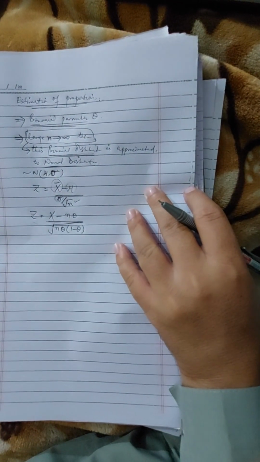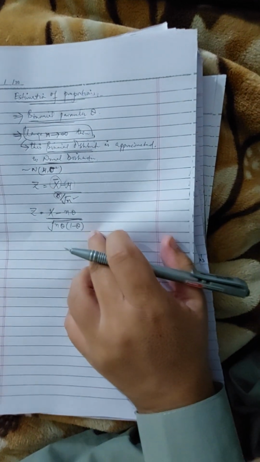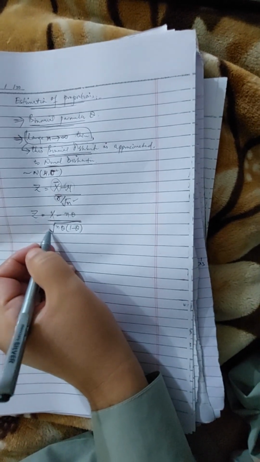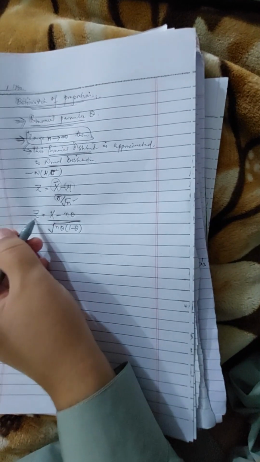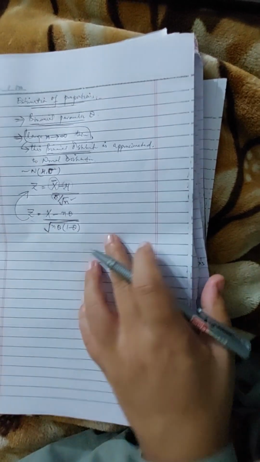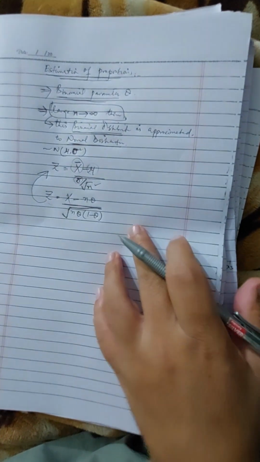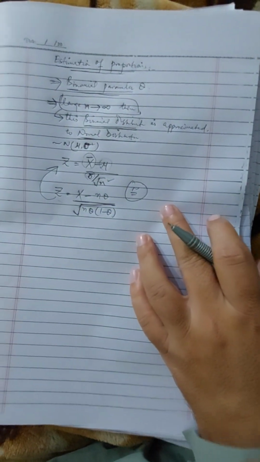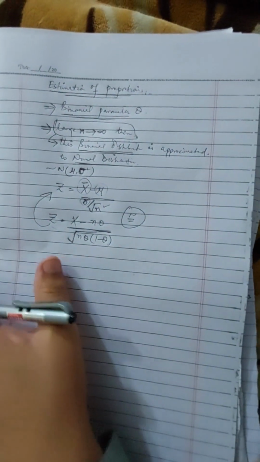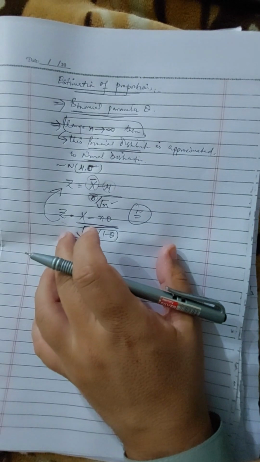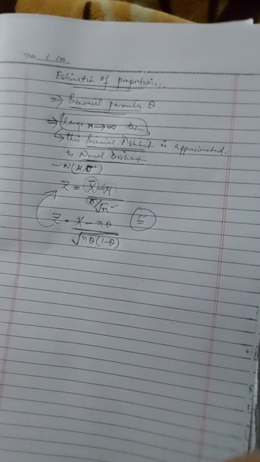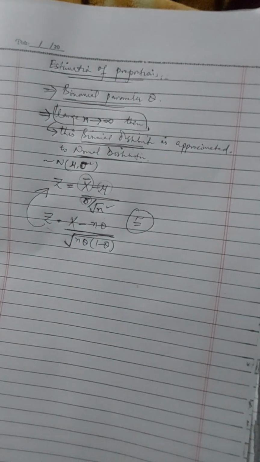If n is sufficiently large, then this is approximately equivalent to the normal distribution value.